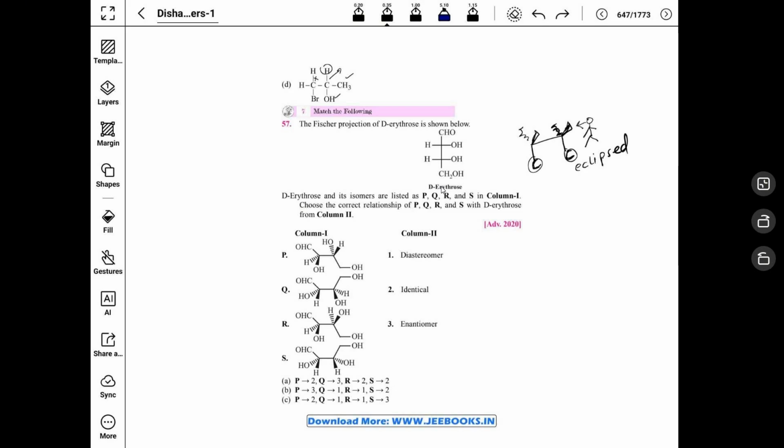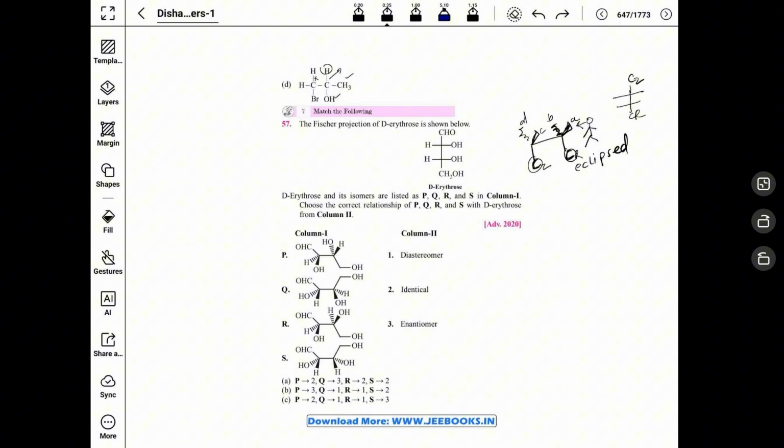Let's say here this is group A, this is B, this is C, this is D. When you stand here and look, there are two chiral centers, so you put a line like this, and let's say these are CR and CZ.